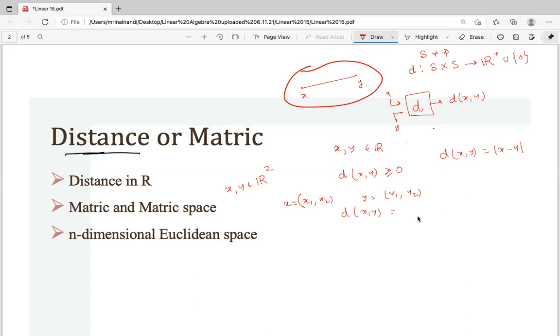There are several distances, but our real life distance is the square root of (x1 minus y1) whole square plus (x2 minus y2) square. Now this is natural. Similarly for R3, with (x1, x2, x3) and (y1, y2, y3), the distance between these two points is the square root of (x1 minus y1) square plus (x2 minus y2) square plus (x3 minus y3) square, the square root of all this sum.